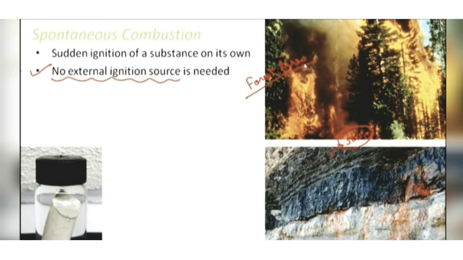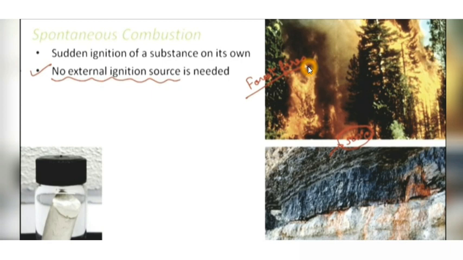Another example is forest fires. You would have seen in dense forests, they often catch fire on their own when the temperature becomes very high. If you compare a green leaf and a dry leaf, it's easier to burn the dry leaf. It catches fire easily because the green leaf has a lot of water.